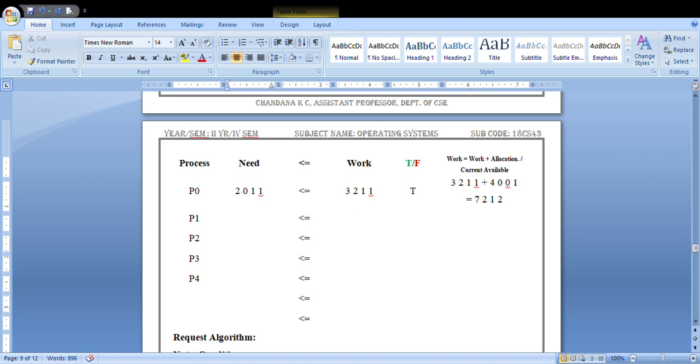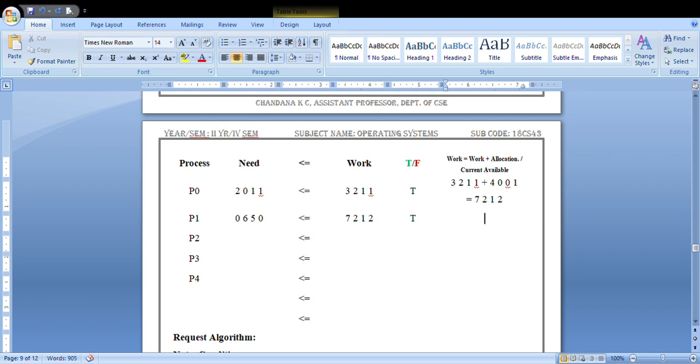Now check for P1 process. What is the need value for P1 process? It's 0650. Now what is the new available value? It's 7212. Check whether the condition is true or false. The condition is true.